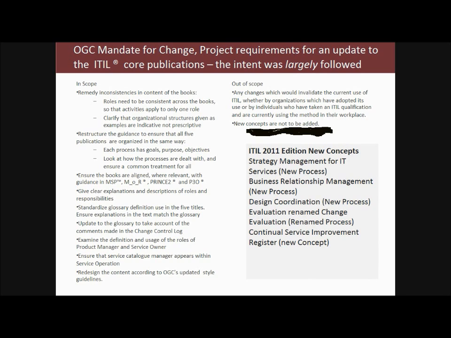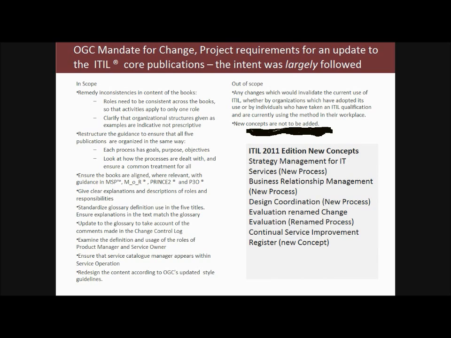Design coordination. One of the kooky things with the 2007 version of ITIL V3 is that you had all these processes in design, but none of them was actually the design process. So they've added that. Evaluation has been renamed to change evaluation. You want to look carefully at that because it's not just a rename.